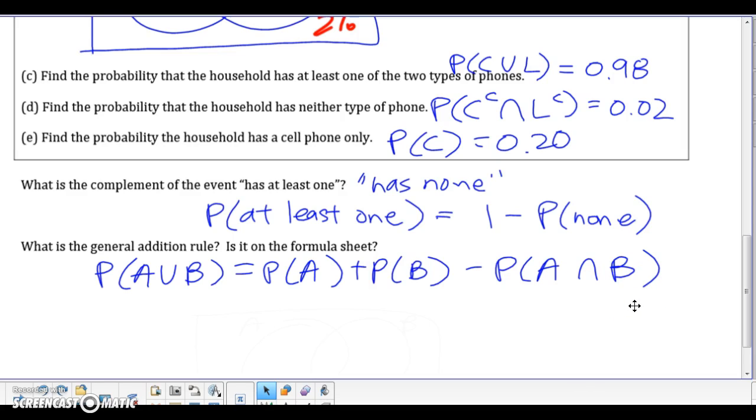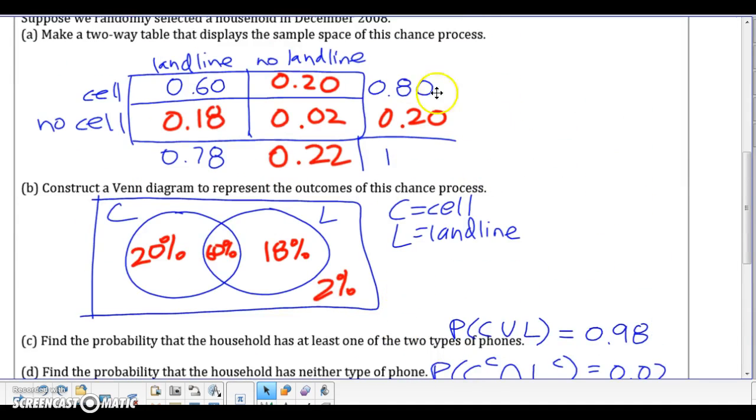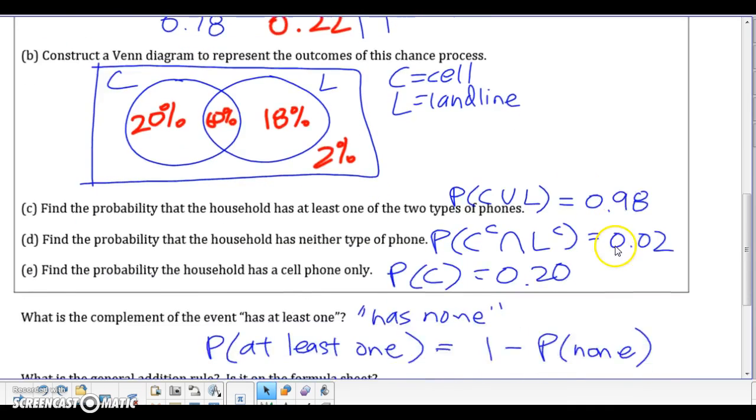Because remember, if we just added A and B, on your table that would be like doing your 80% plus your 78%, and if you did that, you'd double count these. So that subtraction thing on the end just means subtract out the people that got double counted. So in this context, it would be your 78 plus your 80 minus your 60%.